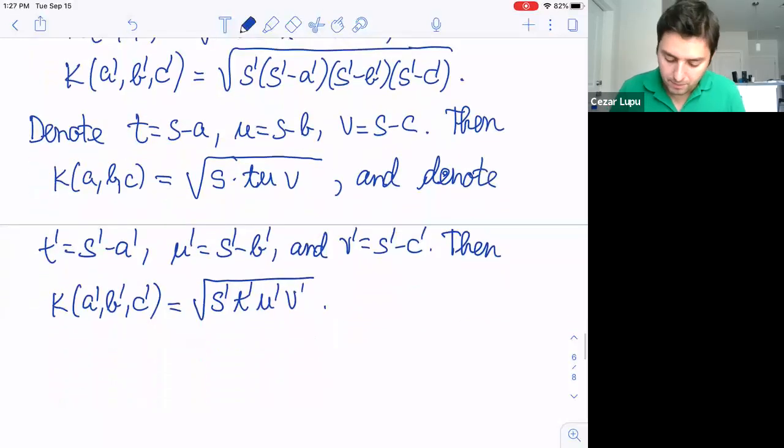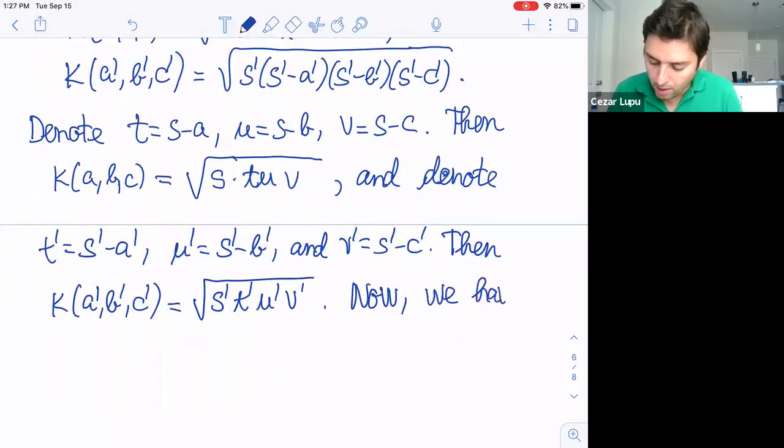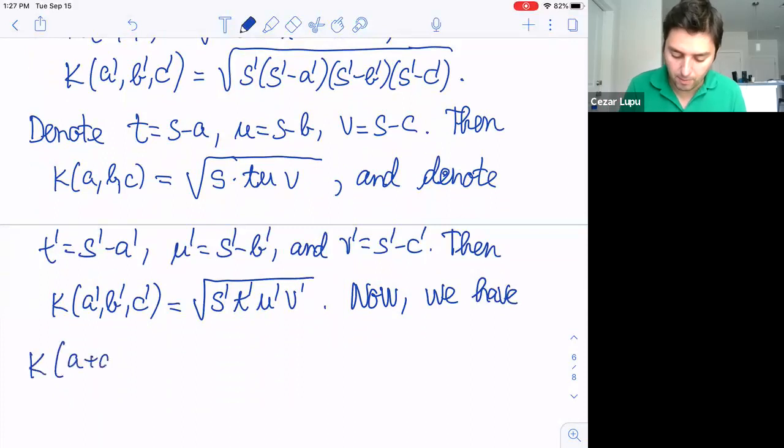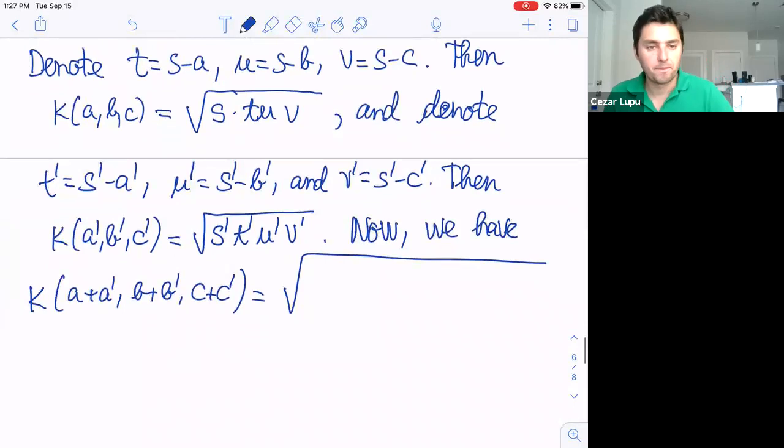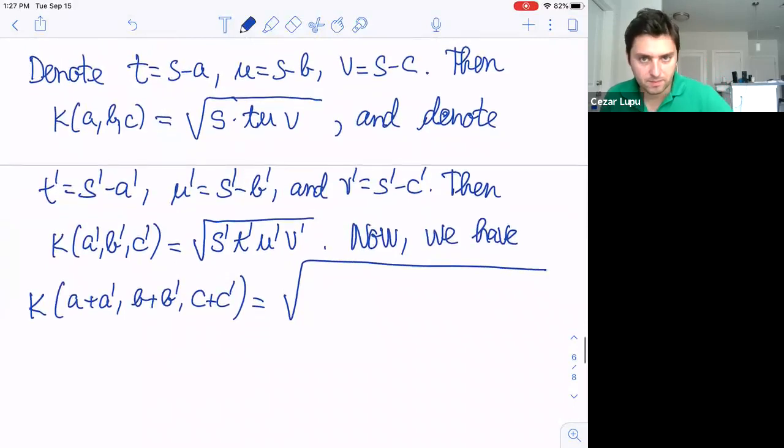And now, how can we express this K of A plus A prime, B plus B prime, C plus C prime? This will be the square root of what? Can you tell me?